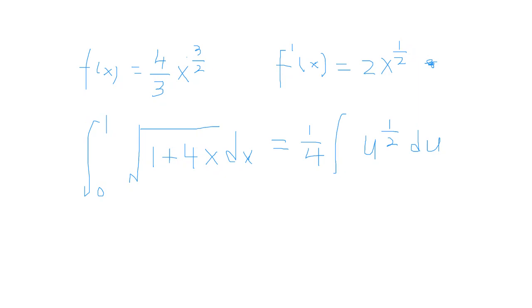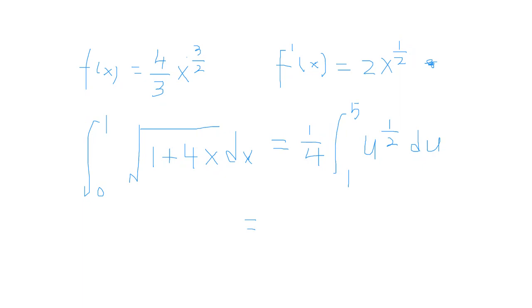Then du equals 4 dx, or dx equals 1/4 of du. What about the limits? X equals 0, u equals 1 plus 4 times 0, just 1. X equals 1, 1 plus 4 times 1, which is 4, plus 1, which is 5. Right.